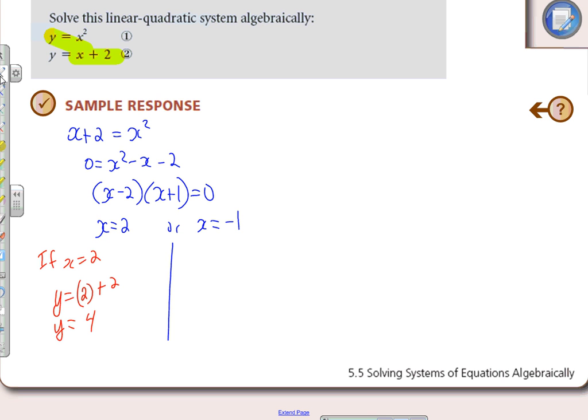So your point of intersection on this one is (2, 4). Now if x was equal to negative 1, then we plug in negative 1. y equals negative 1 plus 2, and y is equal to 1. So our point of intersection there is (negative 1, 1).